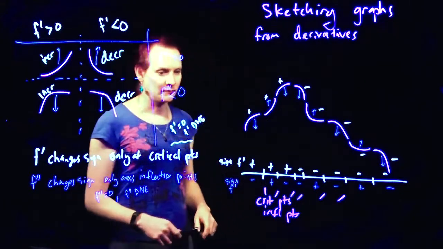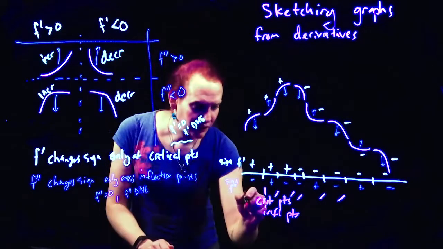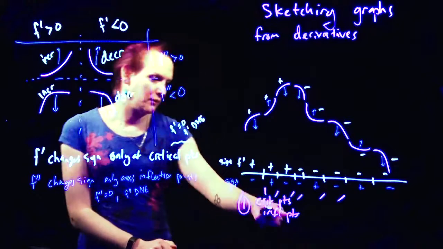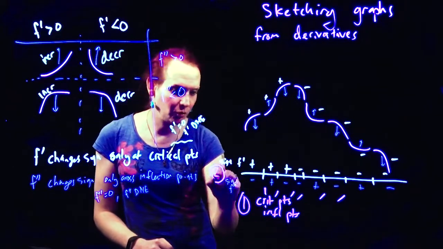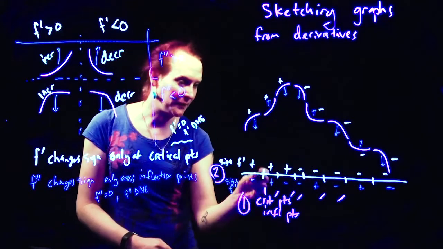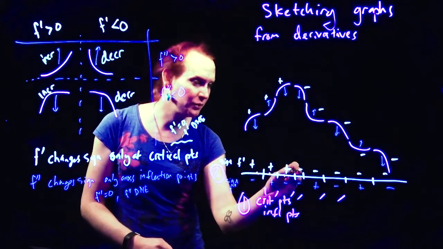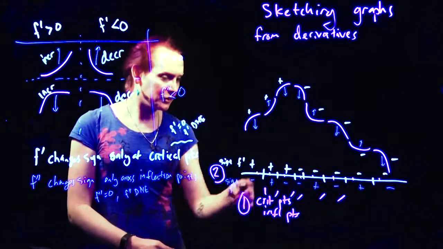Okay, so first you're going to find the critical points and inflection points, and then second, I think you should figure out what the sign is by sampling, like plug in convenient values to f prime and f double prime in each of these intervals.